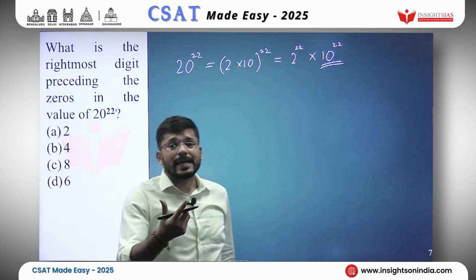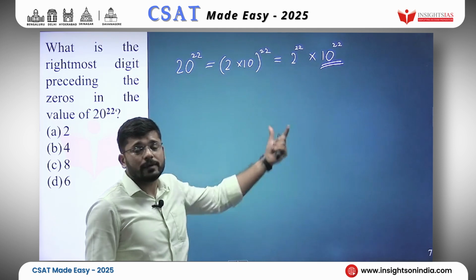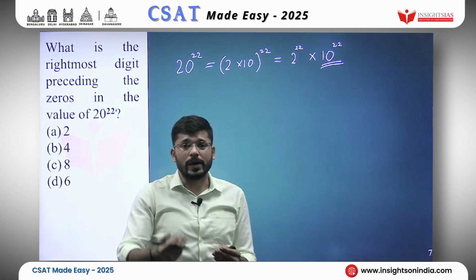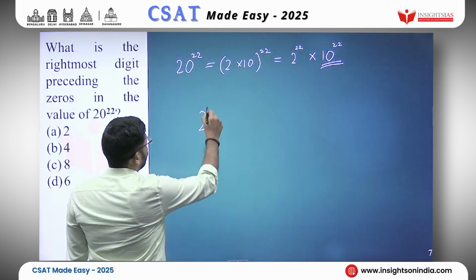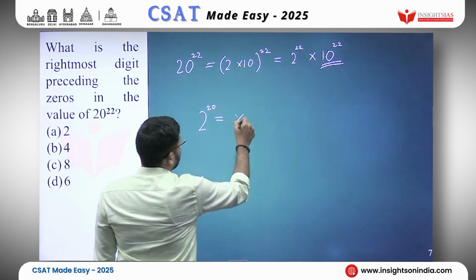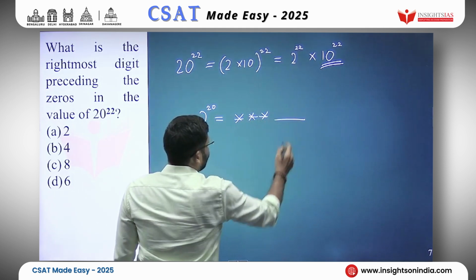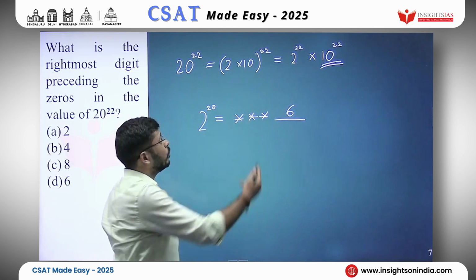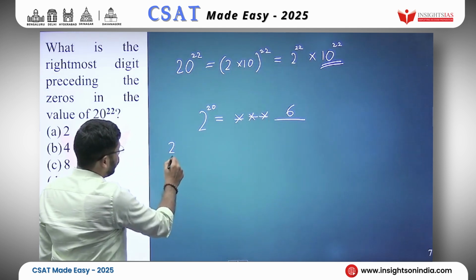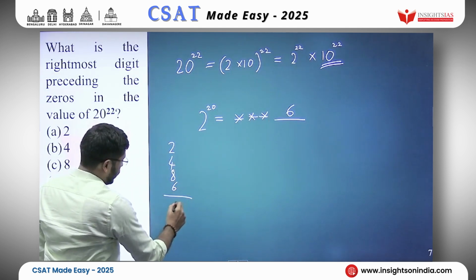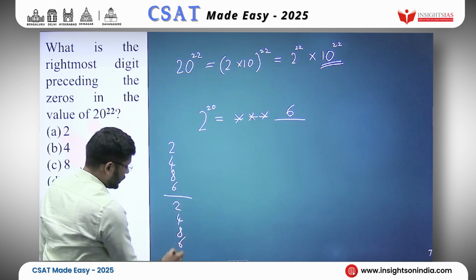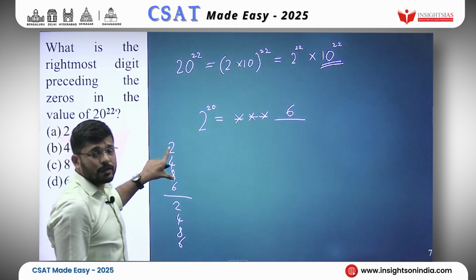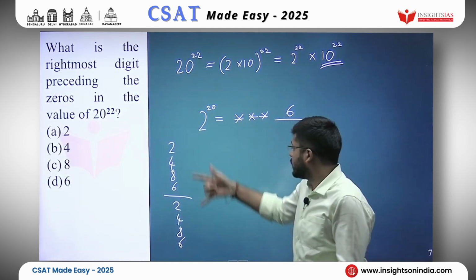And we know the cycle length of powers of 2, right? If 2 is raised 20 times, 2 to the power of 20, the last digit would be 6. And what is the cycle of powers of 2? It is 2, 4, 8, 6 and again 2, 4, 8, 6, because 20 is divisible by 4, the cycle length of the cyclicity of 2.